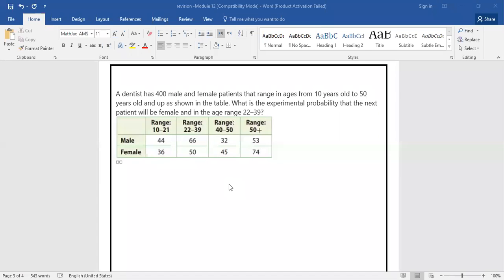What is the total number of patients? 400, right? So the total number of patients, which we are going to compare with every time, is 400.